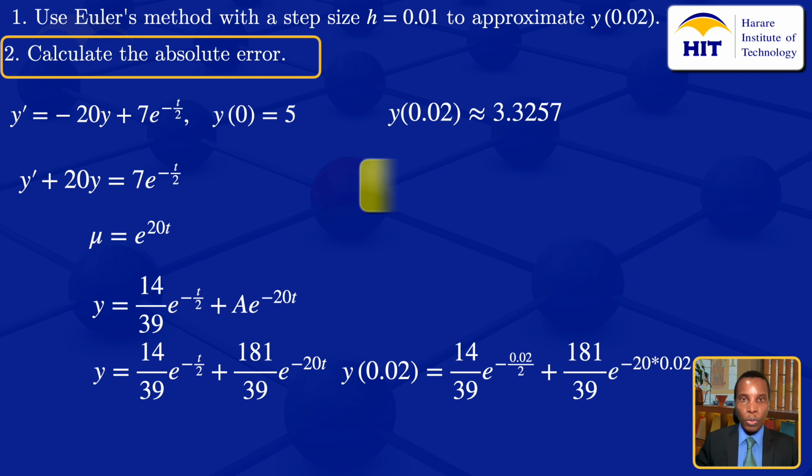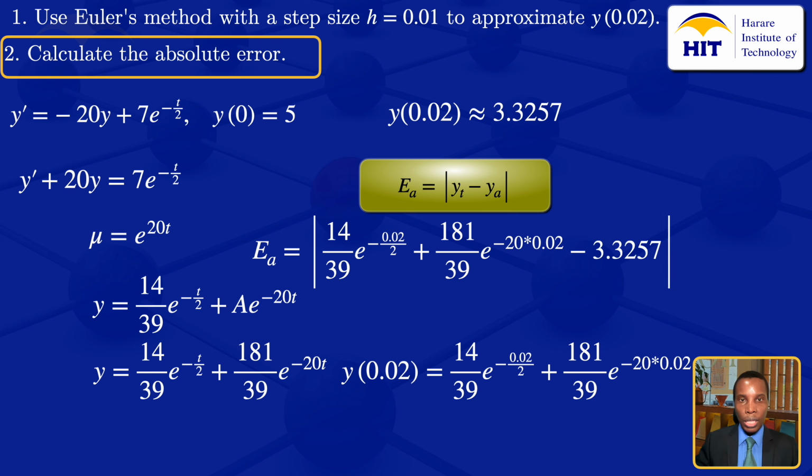So for our absolute error, it's the absolute value of the true value minus the approximate value: the analytic solution we've just obtained minus our approximate solution 3.3257, and that gives a value approximately equal to 0.1407. So what we have there is our absolute error.